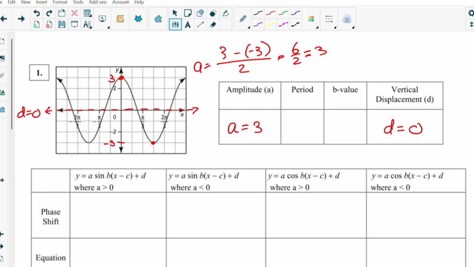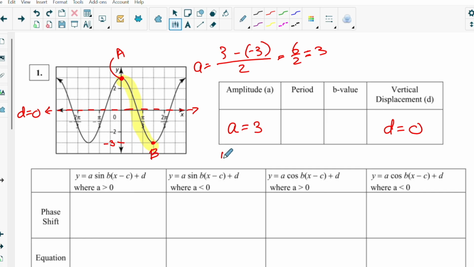What about period? Let's pick 2 points here. Let's say this is A, and let's say this is B. When I highlight this from A to B, that is half a period.